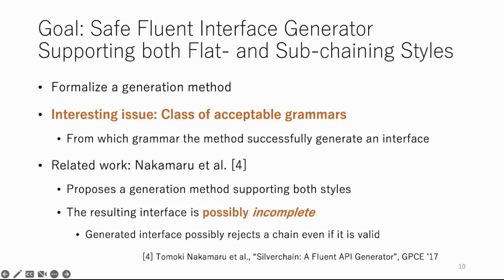So after finding an interface is incomplete, the only way to obtain a complete interface is to try again and again, because we know there are some equivalent grammars, but we don't know from which grammar the method generates a complete interface.